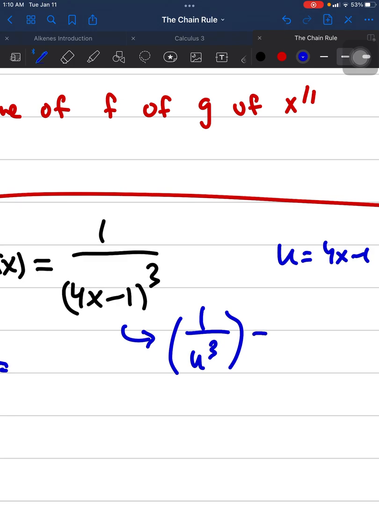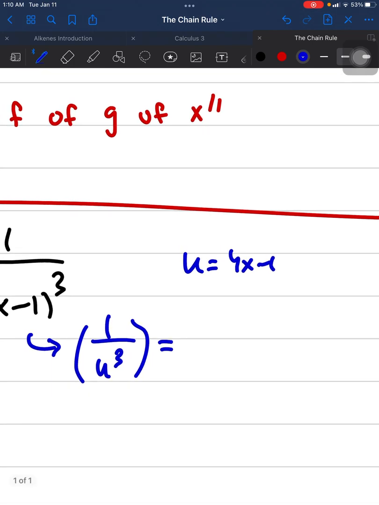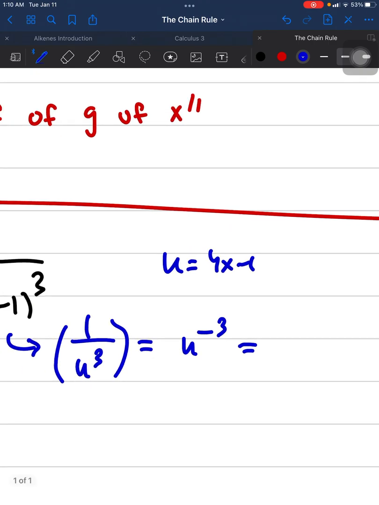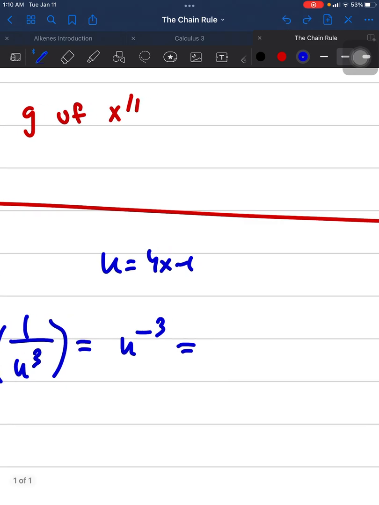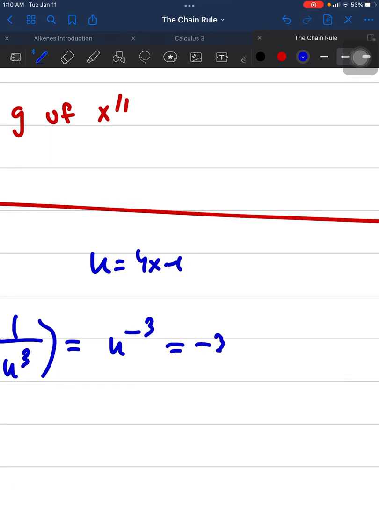So the derivative of 1 over u cubed is just simply, what we're going to have to do here is make this u to the -3 and then use the power rule. So we bring the -3 to the front, right? Then we have u, and we know u is equal to 4x minus 1.